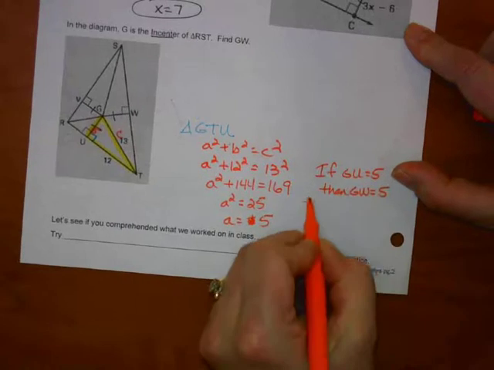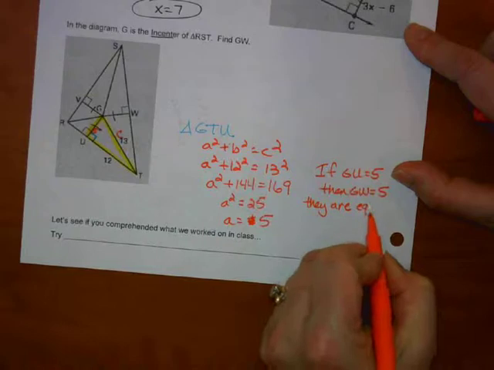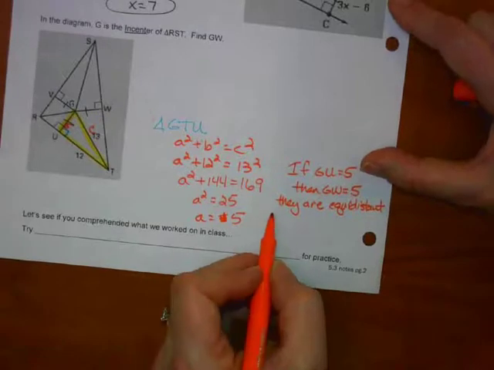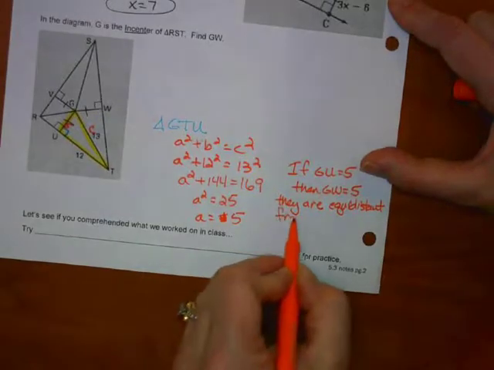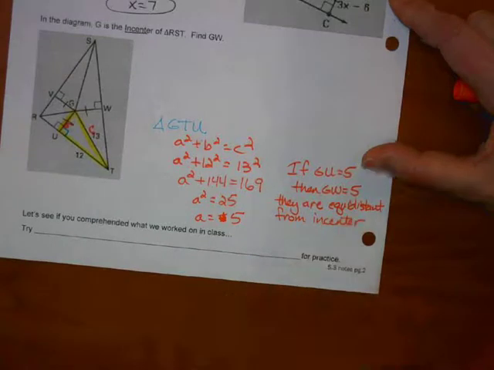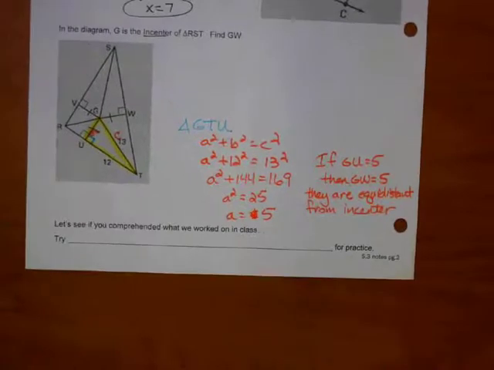They are congruent, or equidistant, from the in-center. Equidistant means what? Equal distance, equal length, however you want to look at it. Cool? Okay, that is it.